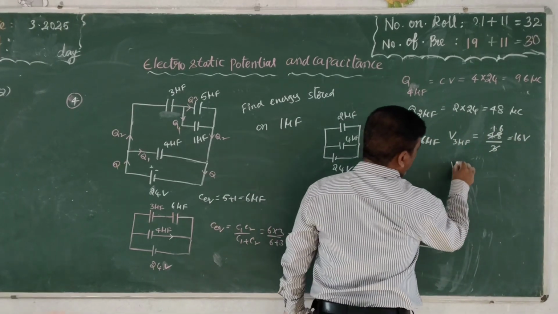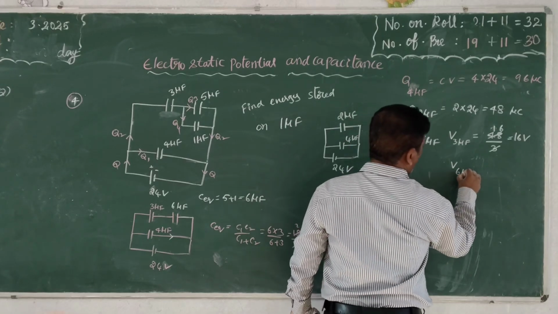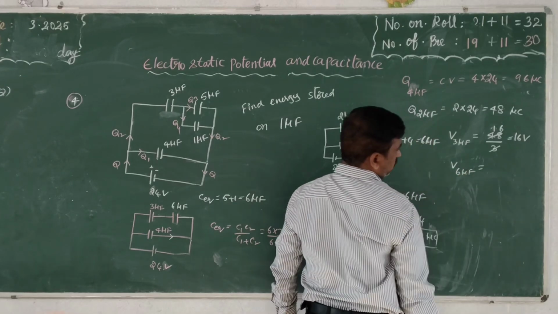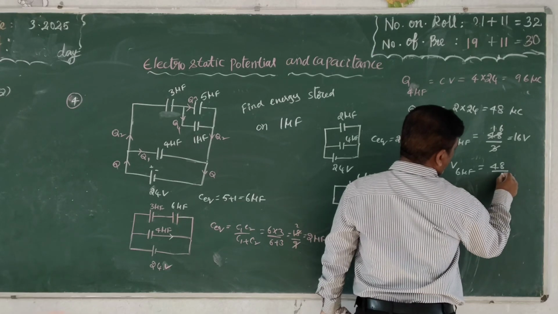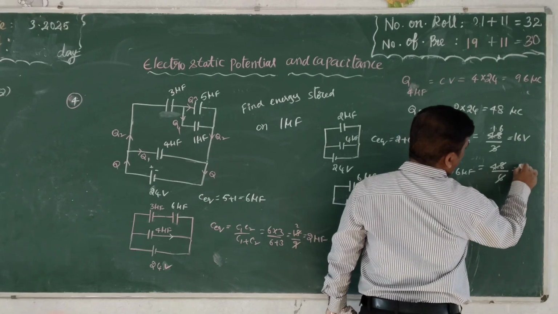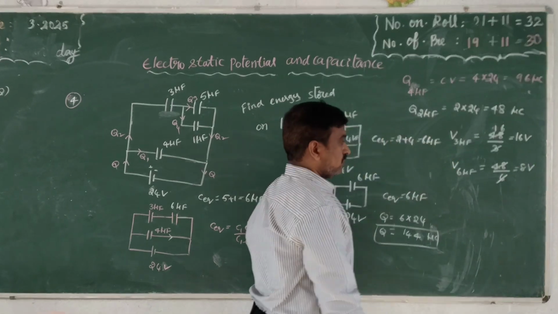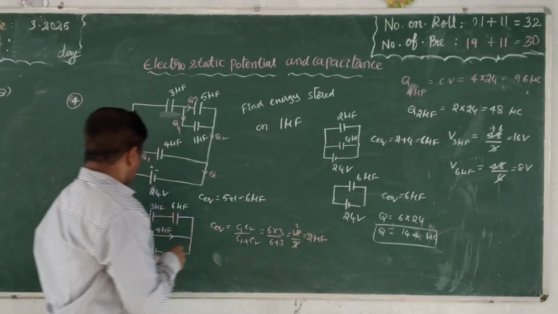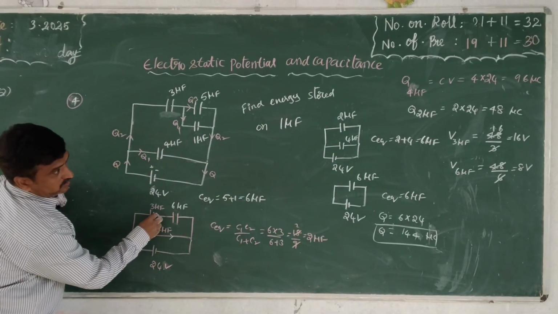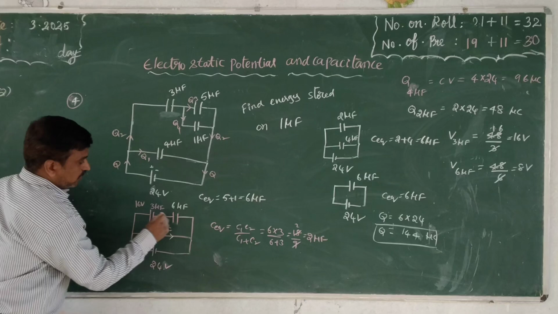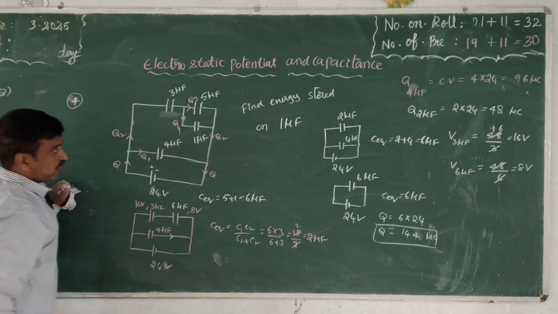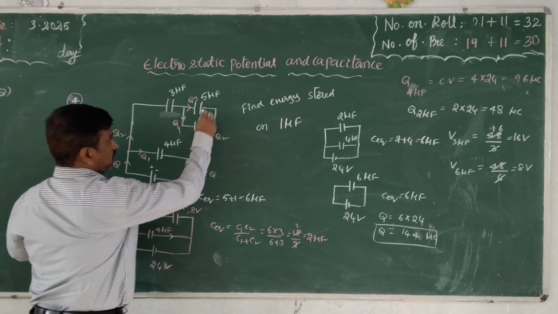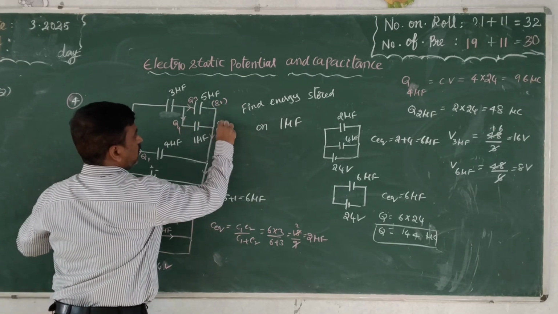Potential at 6 microfarads: the charge is the same, 48 by 6, 6 8s are 48, so 8 volts. Potential at 3 microfarads is 16 volt, and here the potential is 8 volts. So this is 8 volts, and here also 8 volts.